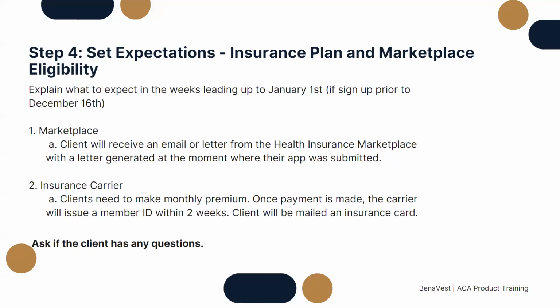It will mention on that letter they need to enroll in a plan. You're going to let them know you already enrolled them in a plan. It will also let them know the documentation that is required. You'll reach back out to them to gather that information if you process the intake later on that day.